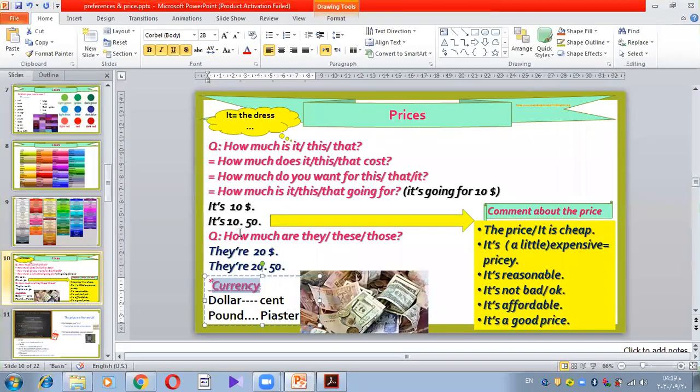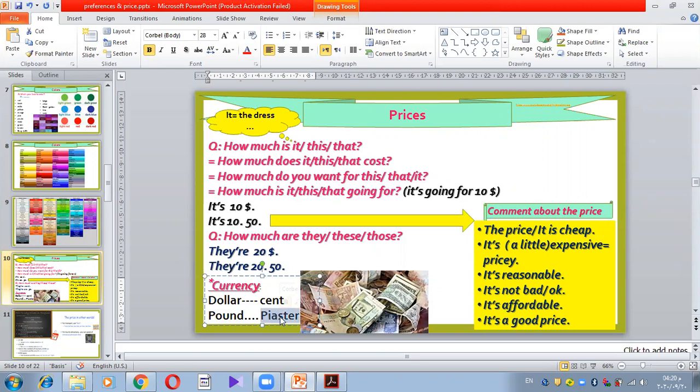And if I want to read the second one, I'm going to say it's 10.50, or I'm going to say it's $10.50. Okay, that's the smallest unit for the dollar, or it's 10 pounds and 50 piastres in this case.